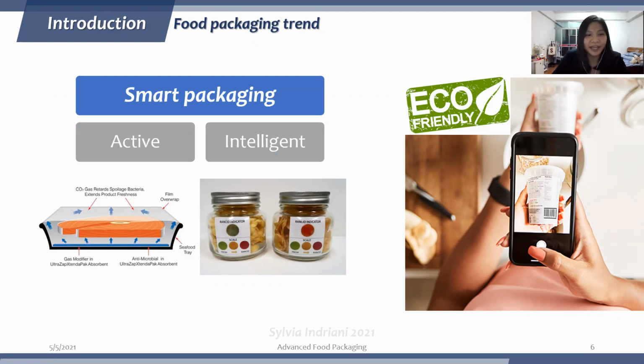Meanwhile, intelligent packaging is designed to provide dynamic feedback to the consumers on the actual quality of the products. And nowadays, this technology has been combined with the eco-friendly, or as we know, biodegradable, when they are really economically friendly with the environment as well.